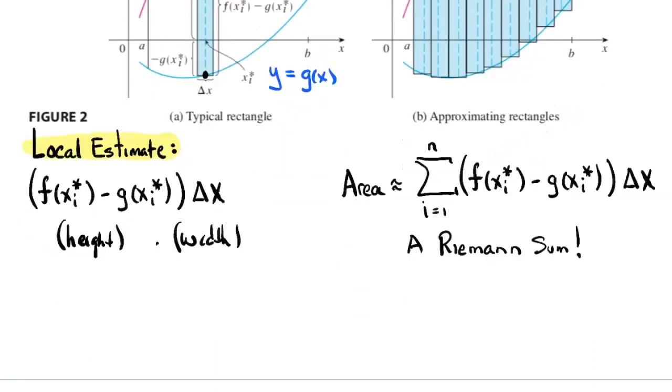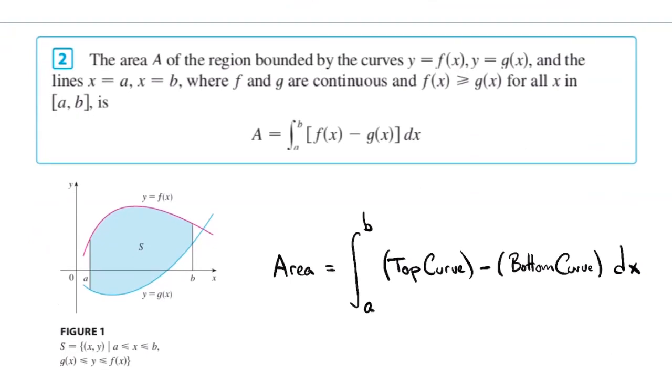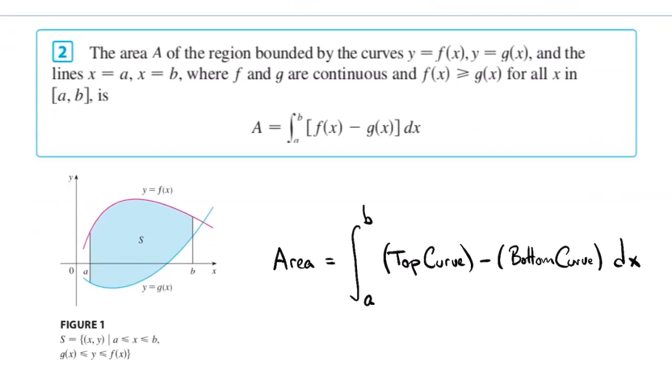Okay, so let's summarize that. I'll do it from the text so it looks nicer. Here's the answer. We just derived this formula. If you want to find the area between two curves, f of x and g of x, it's important that in this picture, f is the curve that's on top of g. So instead of memorizing the formula from the book, I like to think about it like this. You have to take the top curve minus the bottom curve.